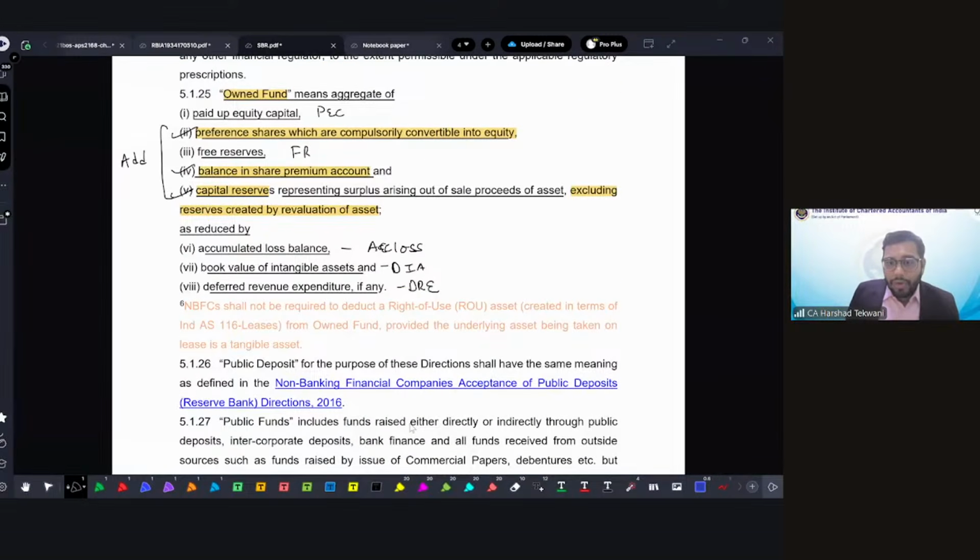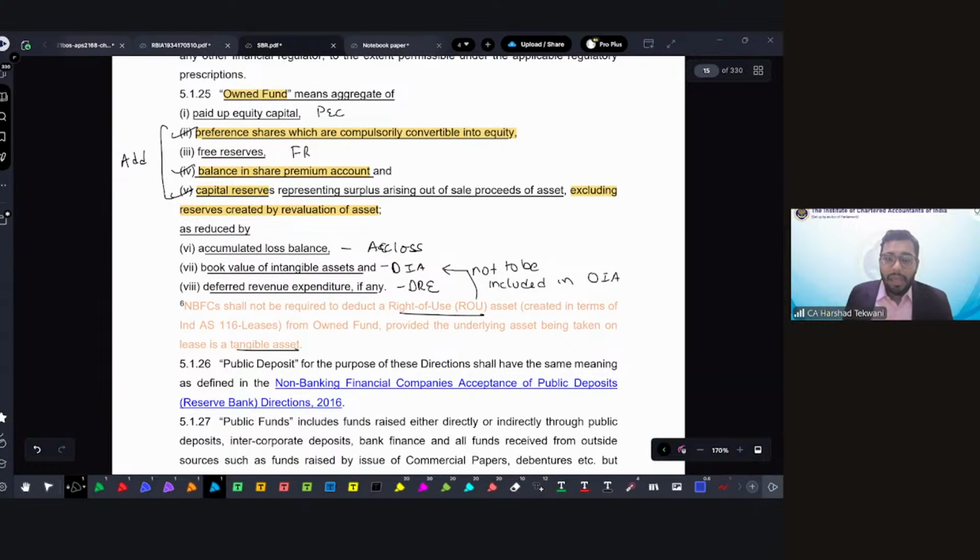So this right to use coming from tangible is not required to be deducted, not to be included in other intangible asset, provided the underlying asset for the right to use shall be a tangible asset, and that is as per the Ind AS 116 leases.